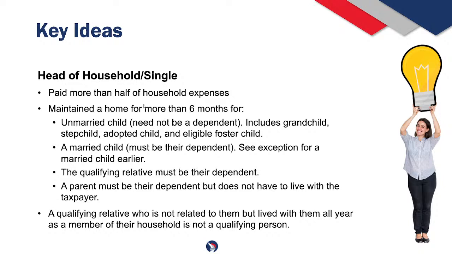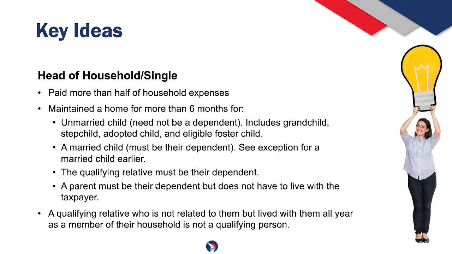We have our head of household and our single people. They pay more than half of the household expenses, maintain a home for more than 6 months for an unmarried child. Remember, they don't have to be a dependent. We can sign it over. This includes grandchild, stepchild, adopted child, or eligible foster child. Can also be a married child, but still must be eligible to be claimed as a dependent. We've talked about the exceptions. The qualifying relative must be their dependent.